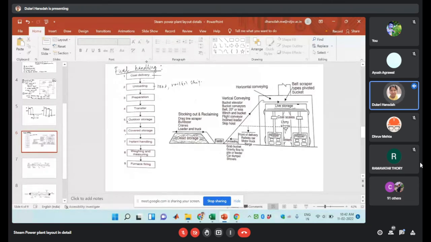If the coal is delivered by trucks, there is no need for unloading devices, because lift trucks are available with a scoop, which can easily handle or deliver the coal, or unload that coal at the particular site.